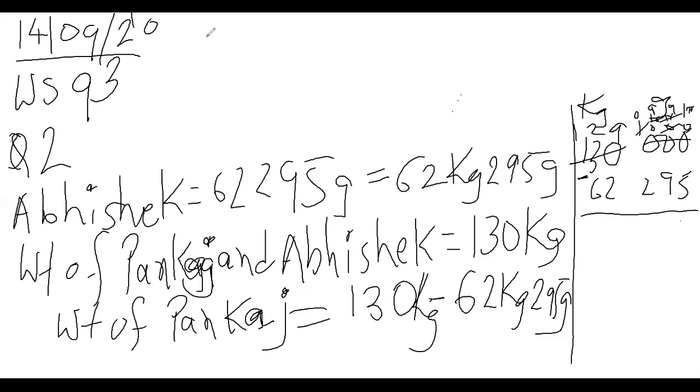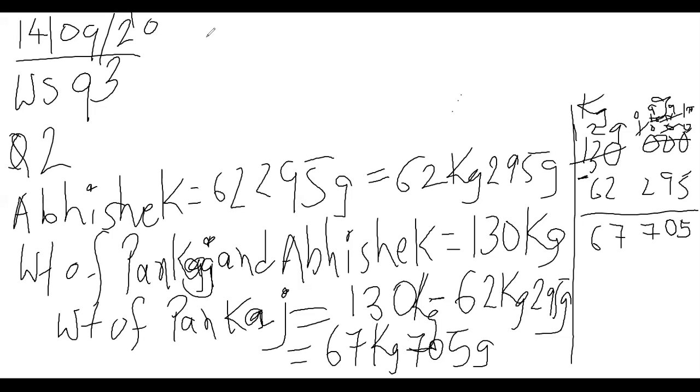So 10 minus 5 is 5, 9 minus 9 is 0, 9 minus 2 is 7, then 9 minus 2 is 7, and 12 minus 6 is 6. So weight of Pankaj is equal to 67 kg and 705 grams.